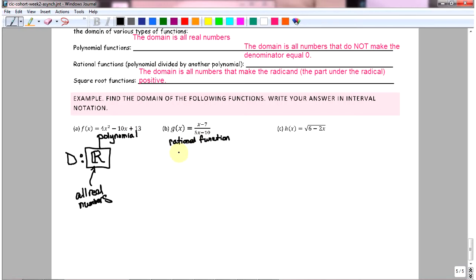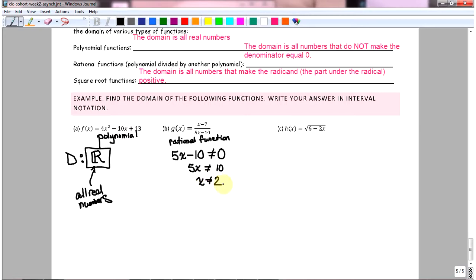So to figure out the domain, we want to see what number does make the denominator equal 0, and that's the number that cannot be in the domain. So I'm just going to write 5x minus 10. We don't want it equal to 0. So if we solve this, we have 5x is not going to equal 10, and we come up with x cannot equal 2 after we divide both sides by 5.